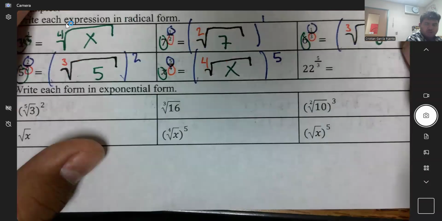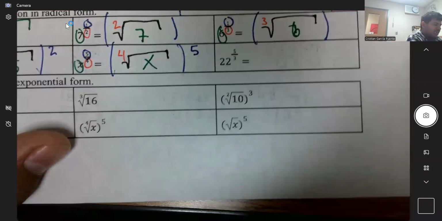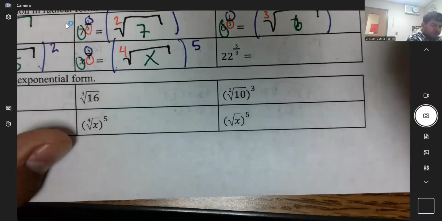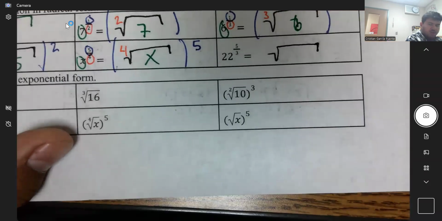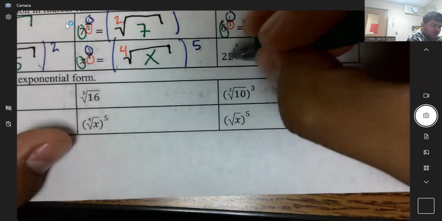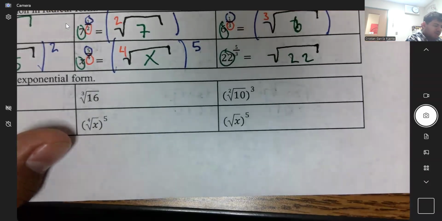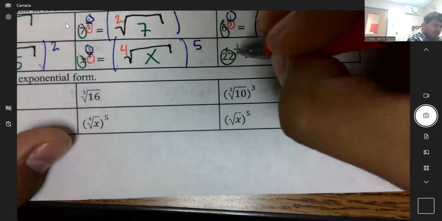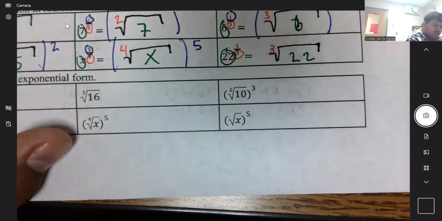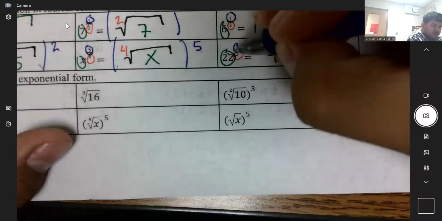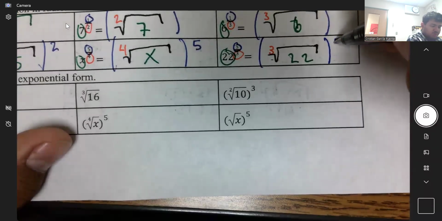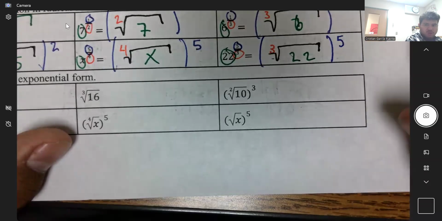All right, so again, same steps. Write down your radical. This number is what you're going to be putting inside the radical. The bottom part of the fraction is going to be your index, and the top number of the fraction is what you're putting as your exponent. All right, so super simple and quick.